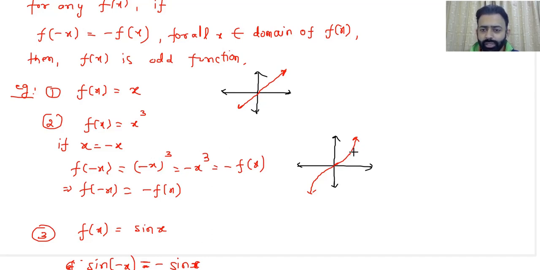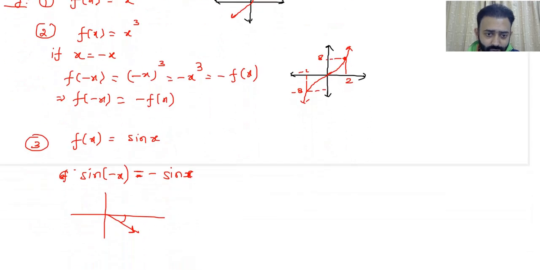But if x is minus 2, you will get minus 8. So as you are increasing from 0 to 2 like this, you will decrease from 0 to minus 2 like this. So there is certain symmetry in the graph of odd functions also.